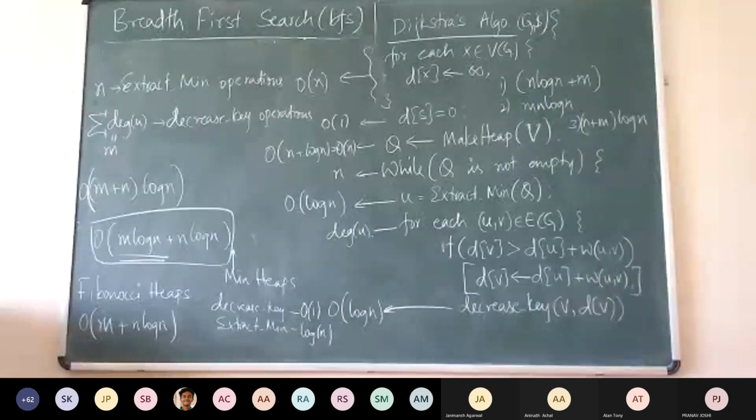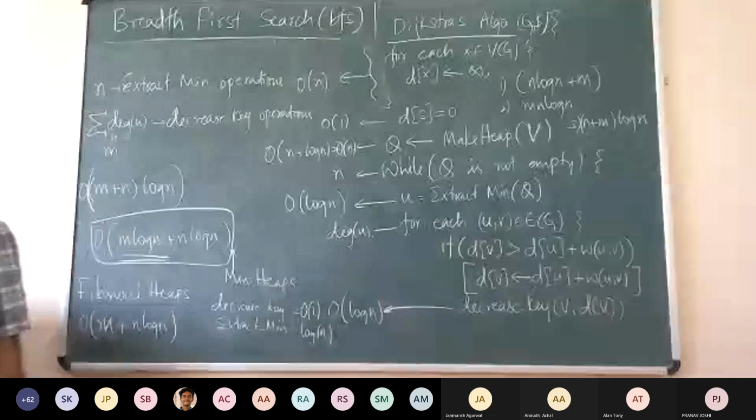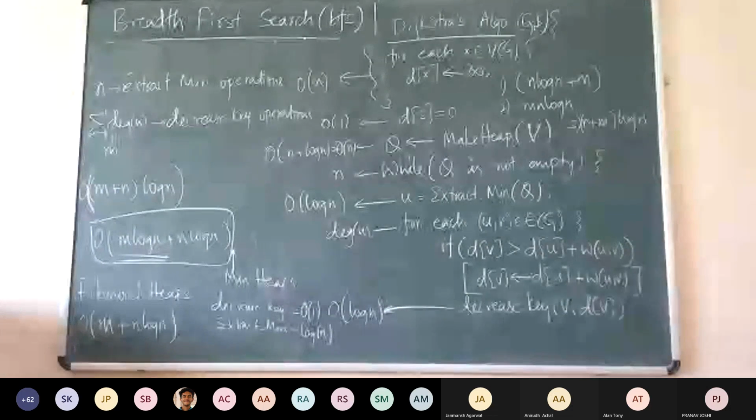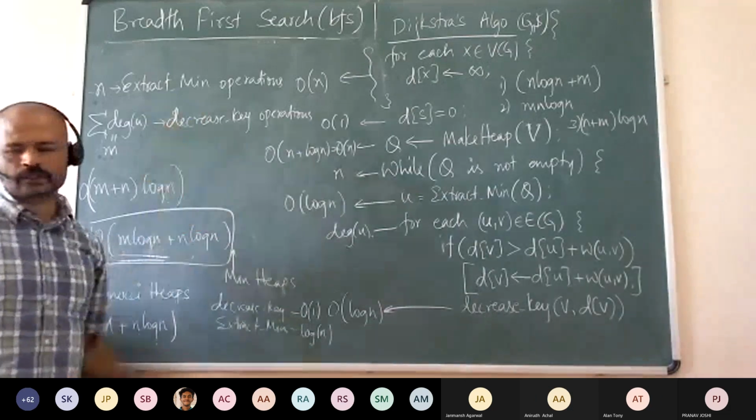Dijkstra's algorithm is used in all those applications. Any questions? So we started with something like mn square or mn, and we came to m log n plus n log n, Dijkstra's algorithm.